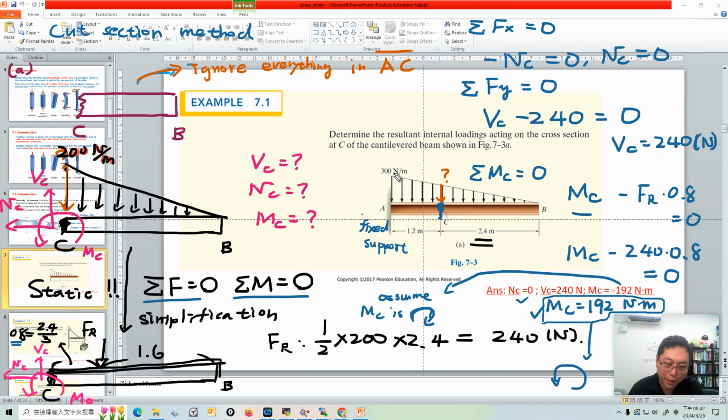That will make the whole calculation much harder, but you will still get the same answer as using the CB section.